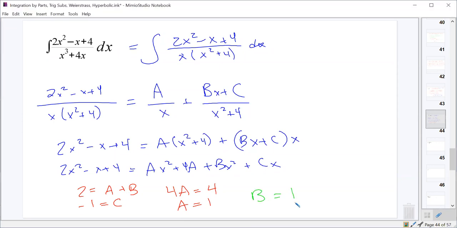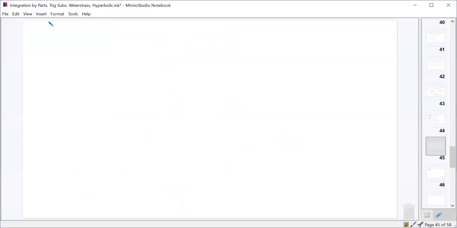Also 1. And so we should be able to go in then and write out our new integral. So this should become an integral of 1 over x plus, it was Bx plus C. C was negative 1, and B was 1. So x minus 1 over x squared plus 4 dx. Good or no?